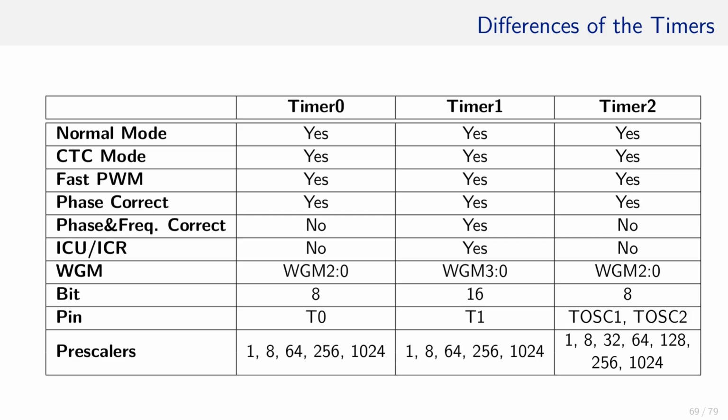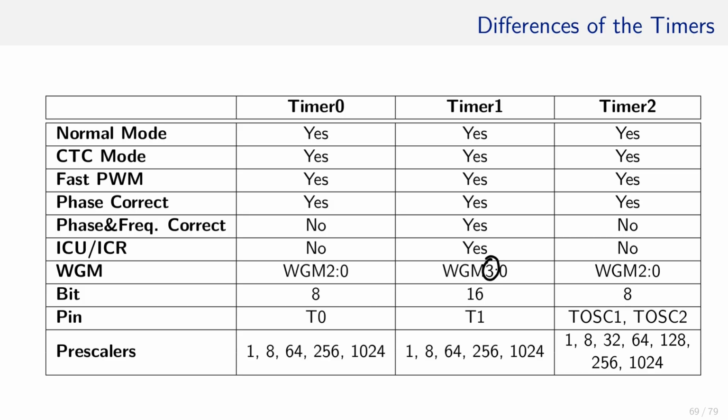Since timer 1 has more modes, more WGM bits are required to choose the desired mode. Further, while timer 0 and timer 2 have only a TCNT of 8 bits in size, timer 1 is double of that, so it's able to count up to 65,535 instead of 255.